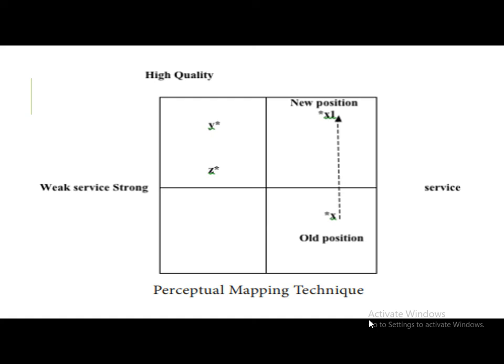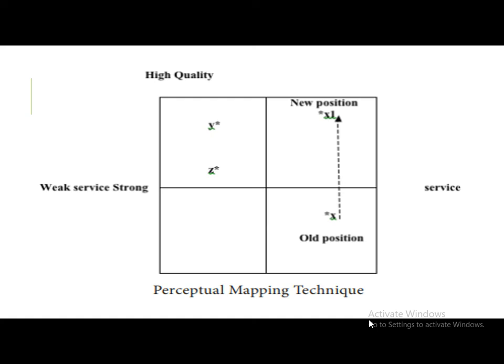However, firm X's after-sale service is perceived far superior to both major competitors. Firm X can position or reposition itself from the position X to X1, that is old position to new position, by improving its product quality substantially and maintaining the superior service.